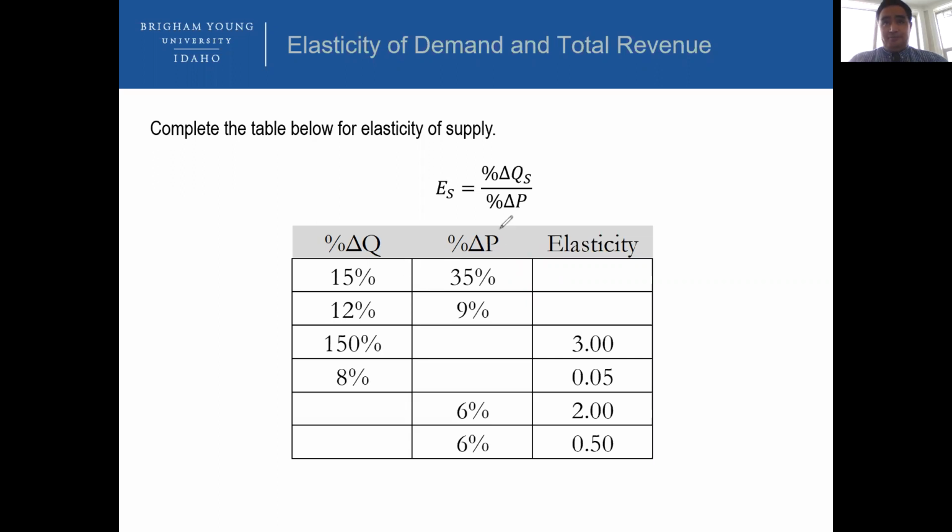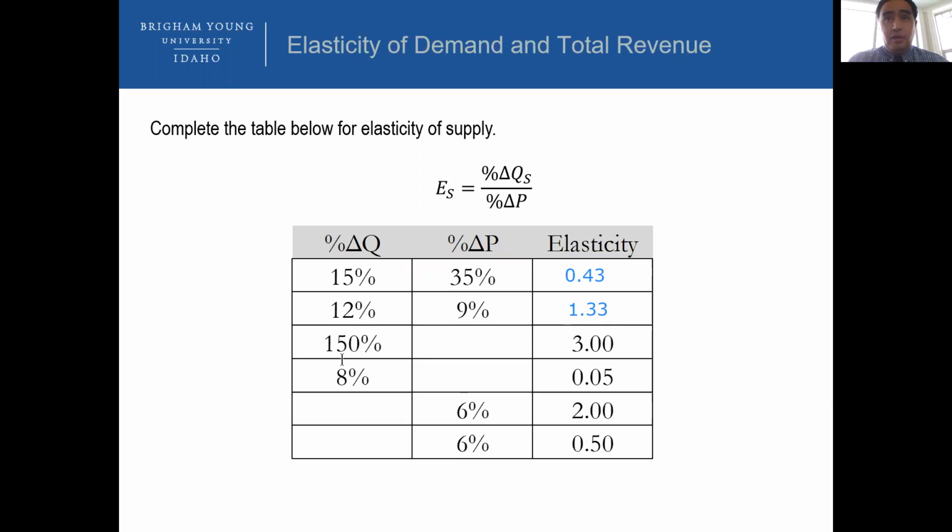We have 15% divided by 35. I put that in the calculator. That comes out to 0.43. And so that's inelastic. And right here, this one's going to be easy. 12 divided by 9. That is 1.33. So here it's an elastic value.